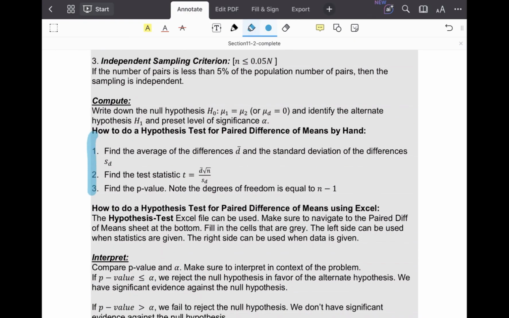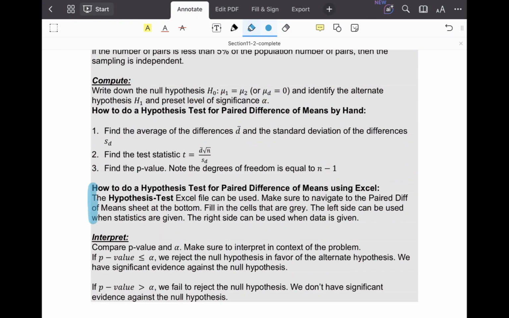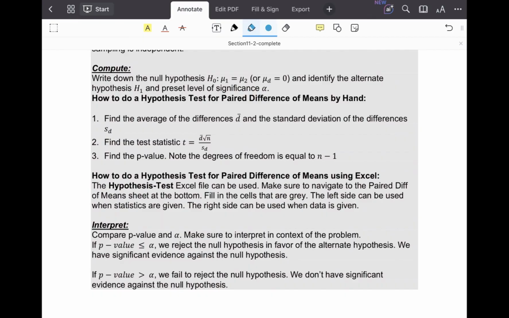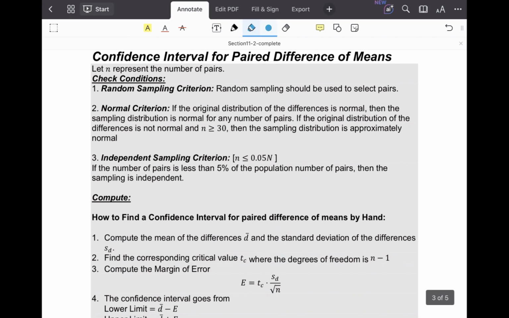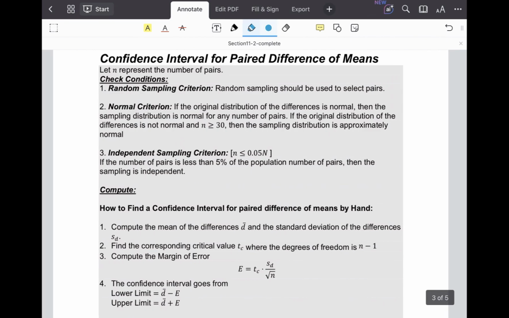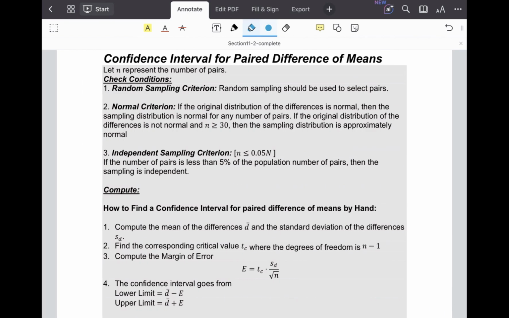So if you ever do it by hand, here are the instructions. I don't want you to do it by hand. I want you to use the Excel files, and we're going to be using the hypothesis test Excel file. Here's the ones for the confidence interval. These are more for just reference.